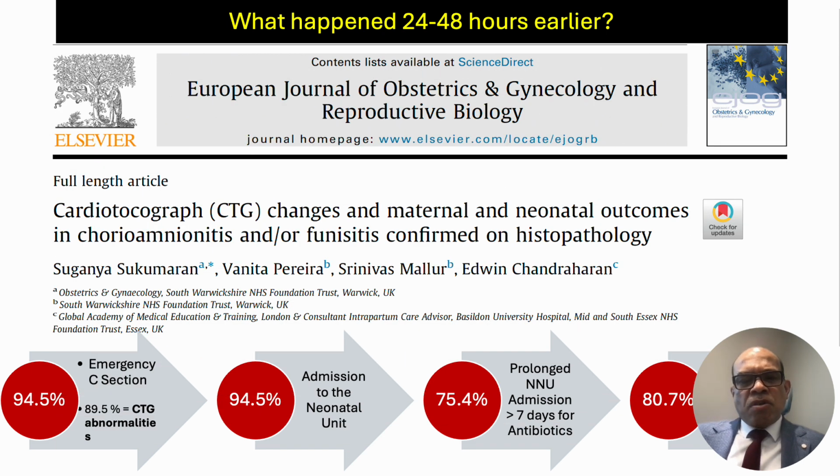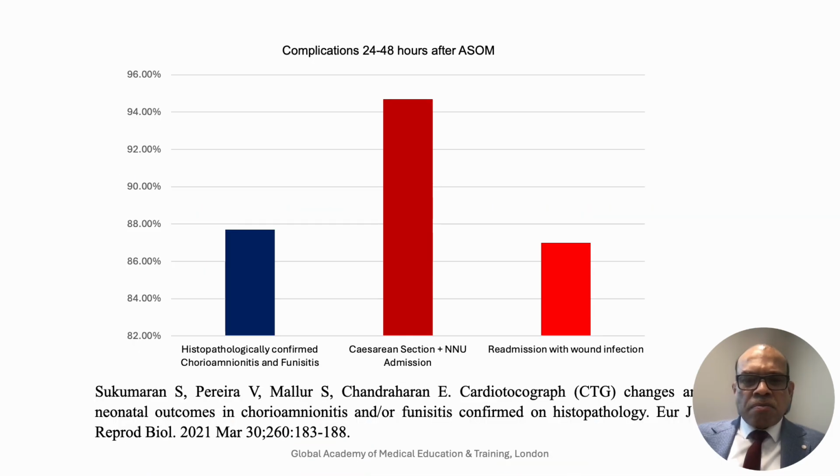And when we looked at what happened 24 to 48 hours before the birth was accomplished, it is shocking, but it's not surprising, that 24 to 48 hours before, these women had membrane sweep. You can see the percentages.